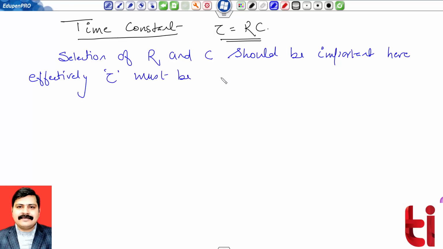Tau must be sufficiently large so that the discharging of the capacitor during the non-conducting situation of the diode will not affect the working of the circuit. So we have to select R and C such that the time constant tau is sufficiently large.